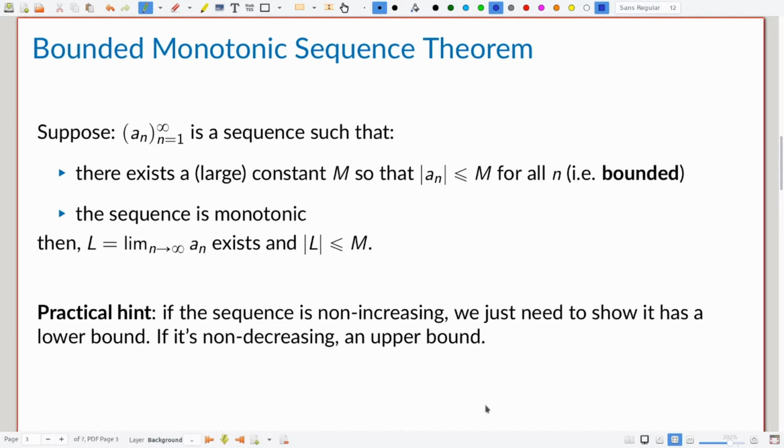So now we're ready to state the theorem. The bounded monotonic sequence theorem: we suppose that we have a sequence, and we want it to have a large constant M, so that all the terms have their absolute values less than or equal to this M. What that means is it's bounded.